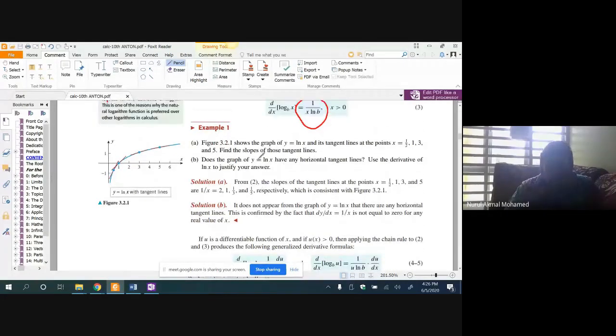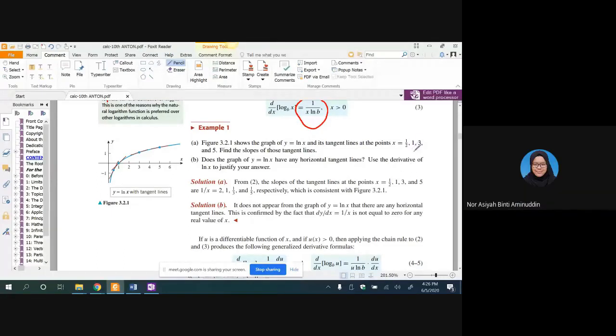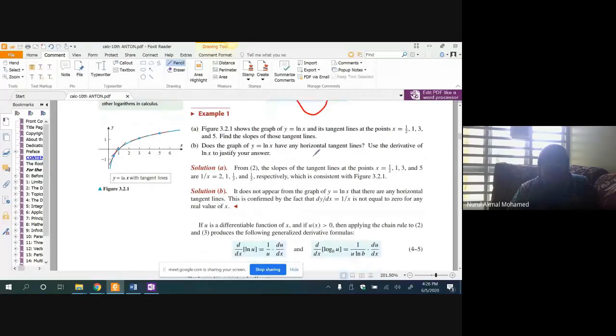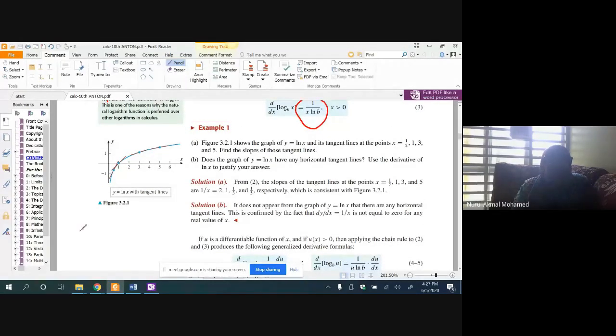Example 1. So this is the graph of y equal to ln x, and its tangent line at the points x equal to 1/2, 1, 3, and 5. Find the slope of those tangent lines. So we know that y is equal to ln x, and then dy/dx is equal to 1 over x, from the formula.